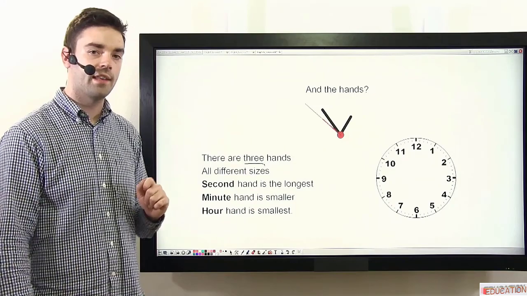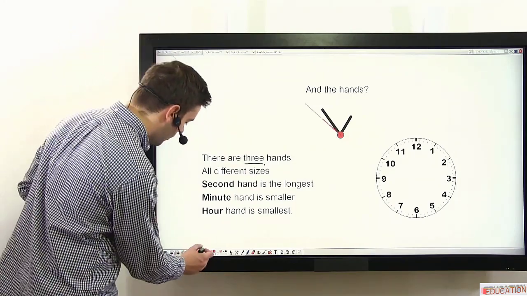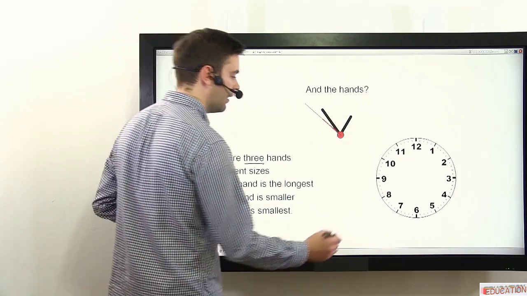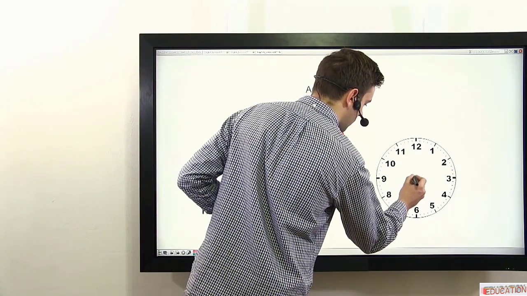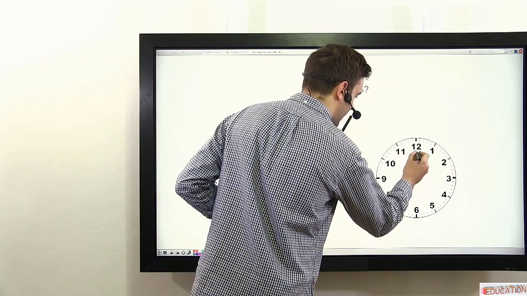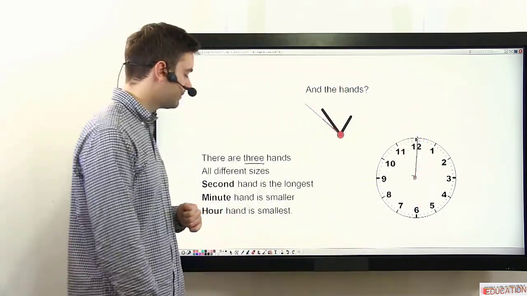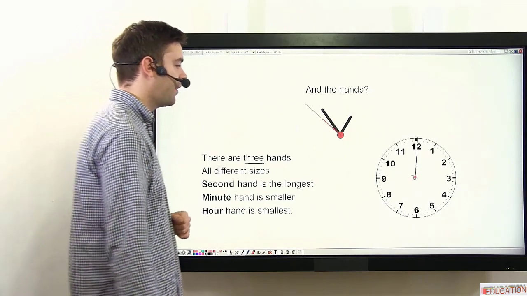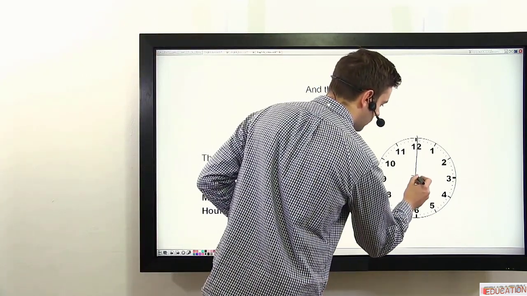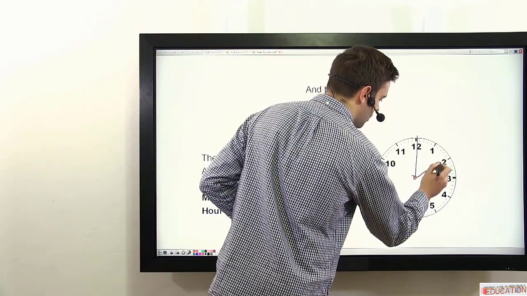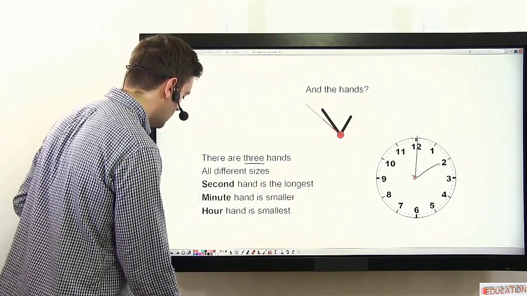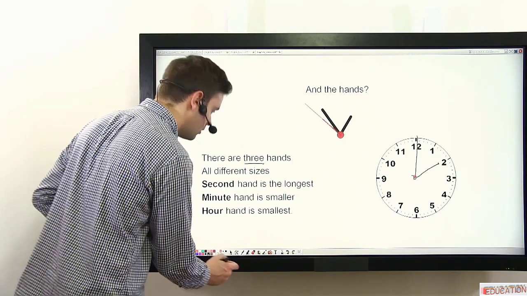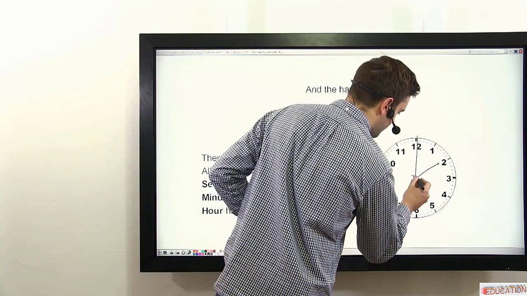So let's draw some hands on our clock. We'll start off with the second hand. The second hand is the longest. Then we have the minute, which is smaller. And then we have the hour, which is the smallest.